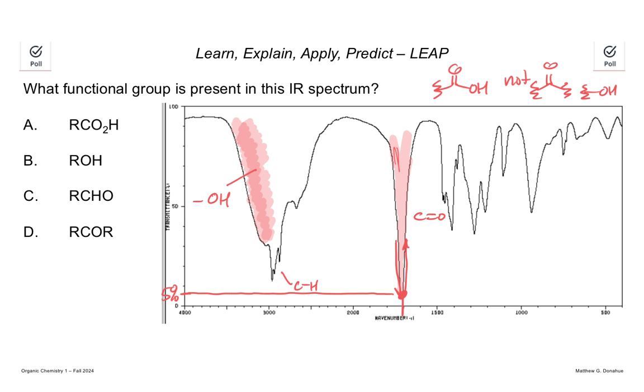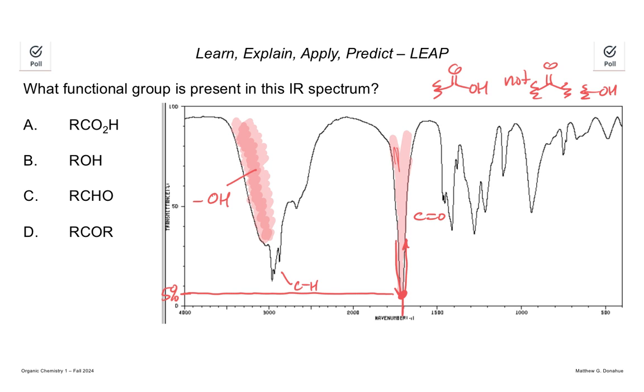The presence of this broad signal plus that carbonyl indicates that it's not a ketone with an alcohol somewhere else in the molecule, because an alcohol by itself, an OH, looks very different.